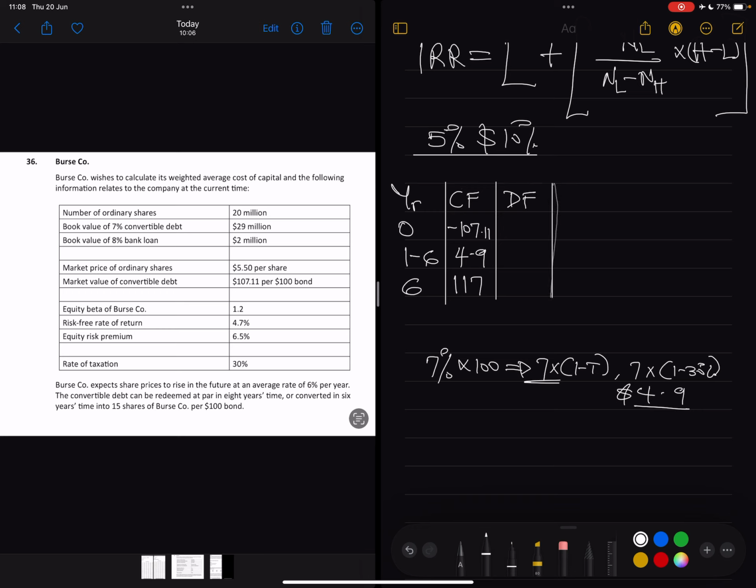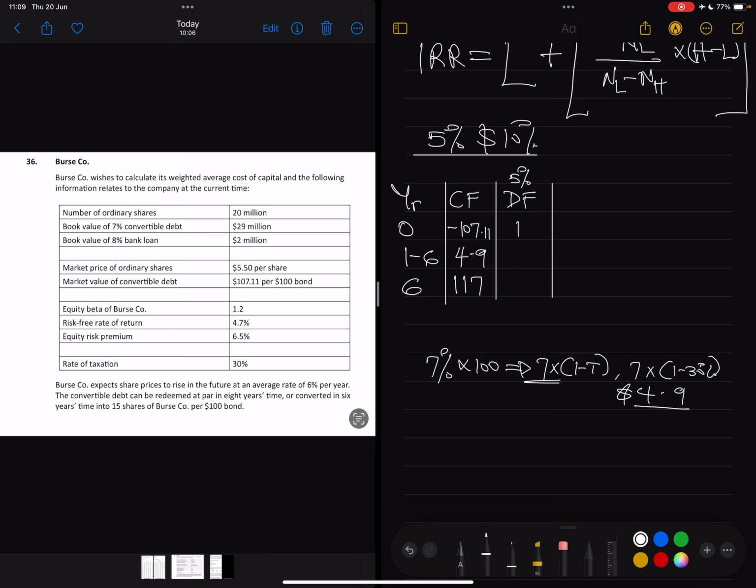I told you for current cash flow that is happening today, discount factor will always be 1. This is at 5%. Remember, we're going to do 2 different rates. Then for 1 to 6, that is annuity cash flows, because remember, when you have the same cash flow happening more than once, 1 year, 2 years, 3 years, it becomes an annuity.